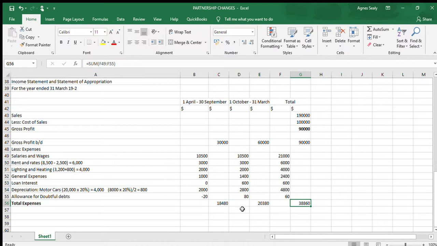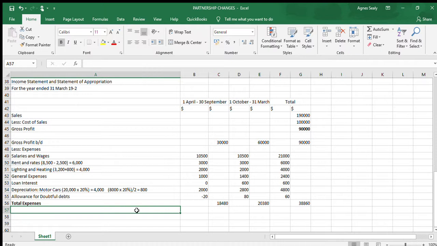So now what we're going to do is calculate our net profit.